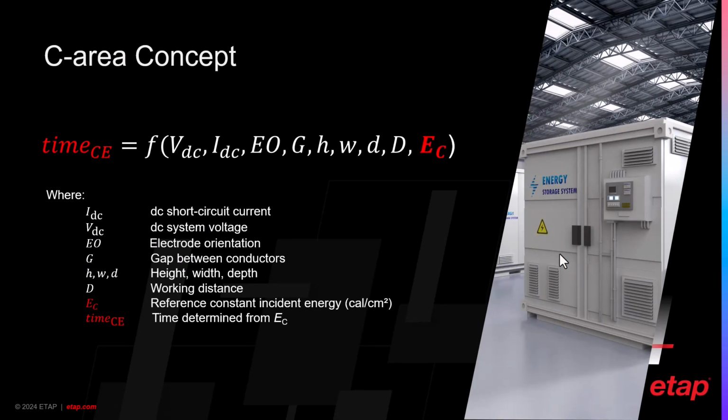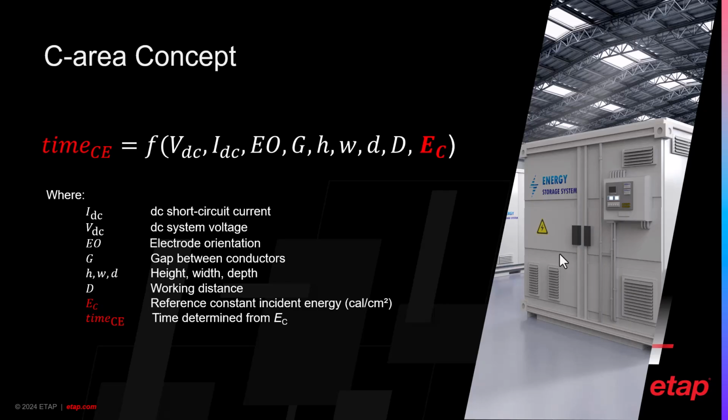Now, to understand this concept a little bit better, let's take a look at all the various inputs that will dictate how that clearing time is calculated, which are going to be, of course, based on the various calculation methodologies out there, such as the max power method, Stokes and Oppenlander, Paukert methods.